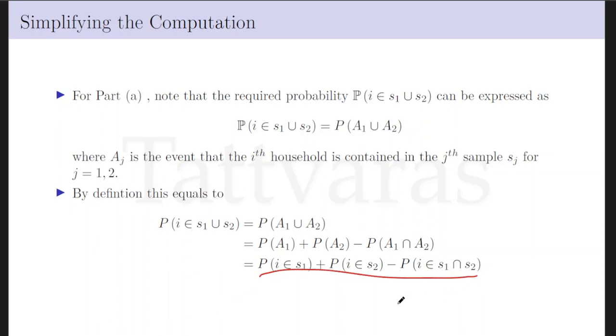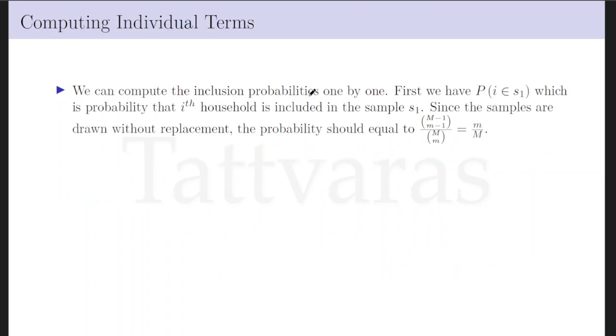Now, as you all know, for individual samples we can easily calculate these inclusion probabilities, right? So suppose we are computing the probability of i belonging to S1. That means the sample S1 of size small m contains a particular unit i. So that probability will be equal to the ratio of the number of favorable cases.